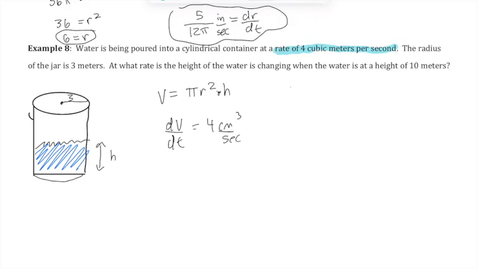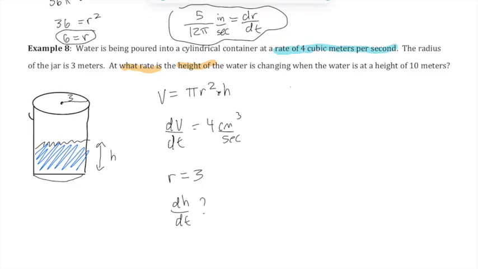How can I tell that, guys? Because it's cubic meters. Cubic meters are our volume. We're given that the radius of the jar is 3 meters. And we are looking for the rate of the height of the water. So we're looking for dh/dt.